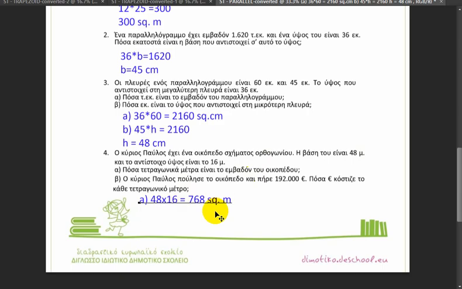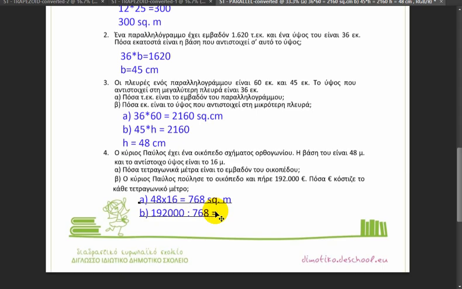Next, we're being told that the owner of the land sold it for 192,000 euros, and it asks us how much did each square meter cost. Well, since there were 768 square meters in total, I need to divide the total price by the total area.